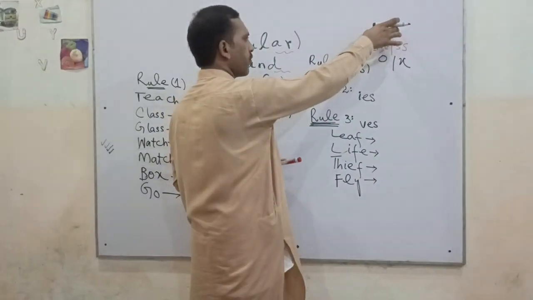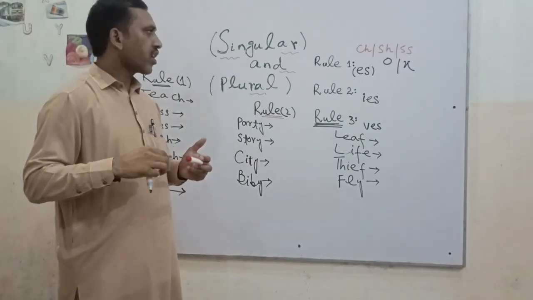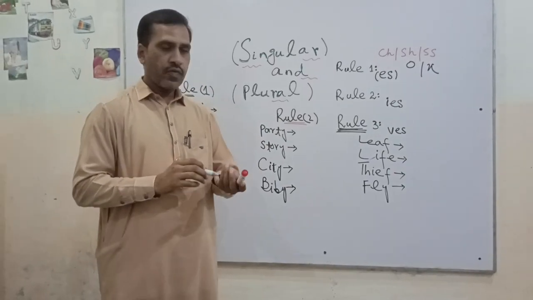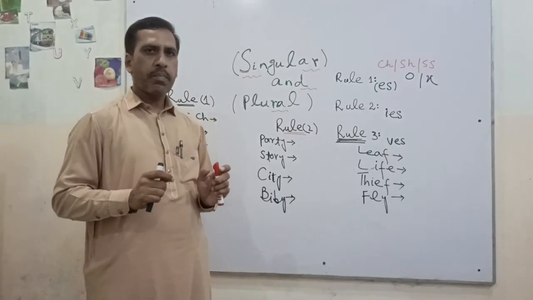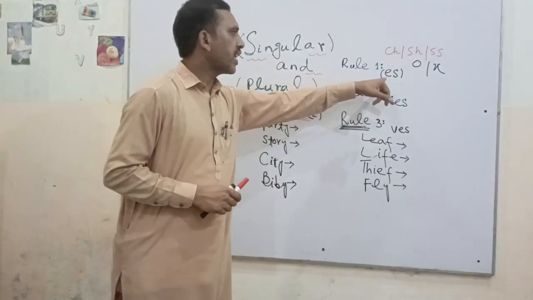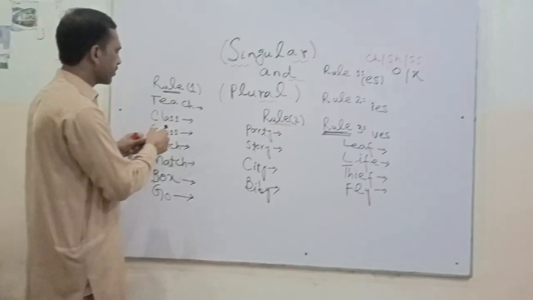These are letters which, if they come at the end of a noun as well as a verb, we make plural by adding es. Let's see some examples. Teach.